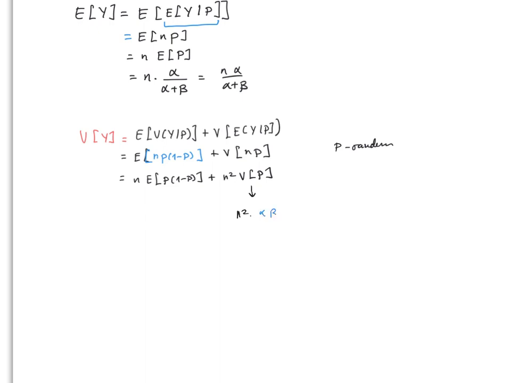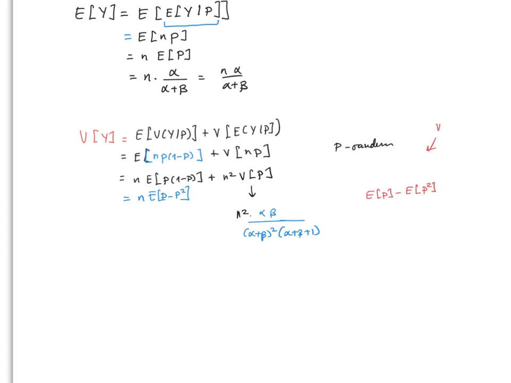Now this one is easy to complete because you already know the variance for the gamma distribution. This will be alpha beta over alpha plus beta squared, and this is alpha plus beta plus 1. This one you have to simplify more. Remember that this will be p minus p squared. So we need to find the expected value of p, which we know what it is, minus the expected value of p squared.